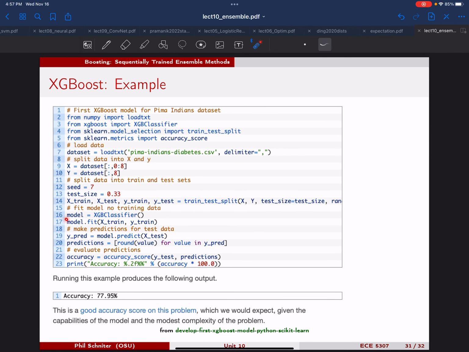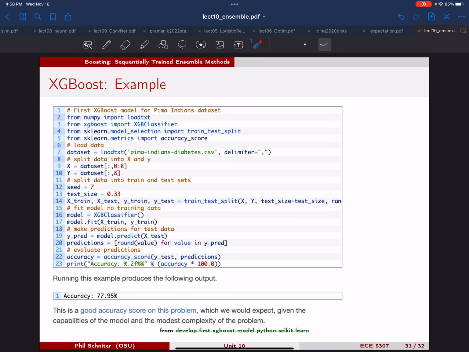And here you can see model equals XGBoost classifier, exactly what you would do for sklearn, model.fit on your training samples, model.predict on your test samples. And then here you can actually do the predictions, basically you're just rounding the values output by the model and then predicting the accuracy. So it's very easy to use. It's very much like sklearn.